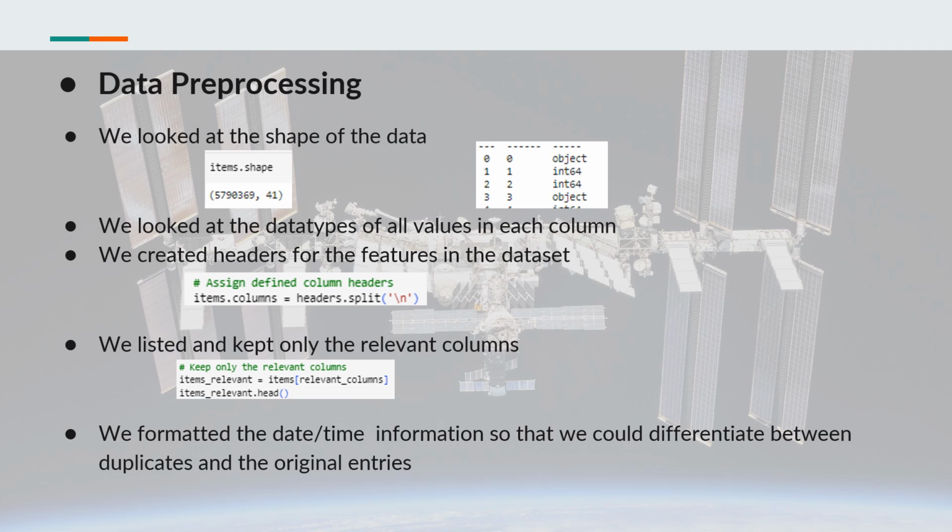And we had to include a header. This was the first part we did: we found the relevant columns and determined which ones we needed and which ones we needed to remove. We also formatted datetime as a datetime data type to more easily filter and use the drop duplicates function.